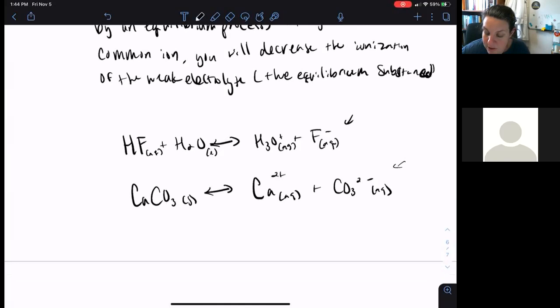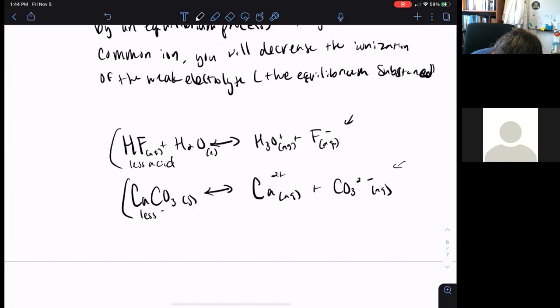For this one, it could be really just a strong electrolyte that has either calcium or carbonate that completely dissolves. This would cause us to dissociate less. If we dissociate less, this will be less acidic. If this dissociates less, this is going to be less soluble.